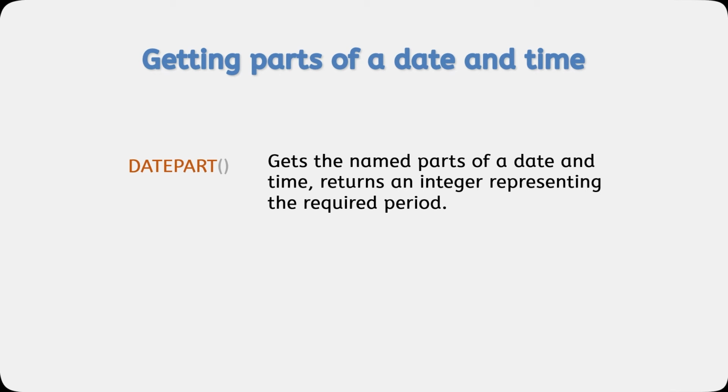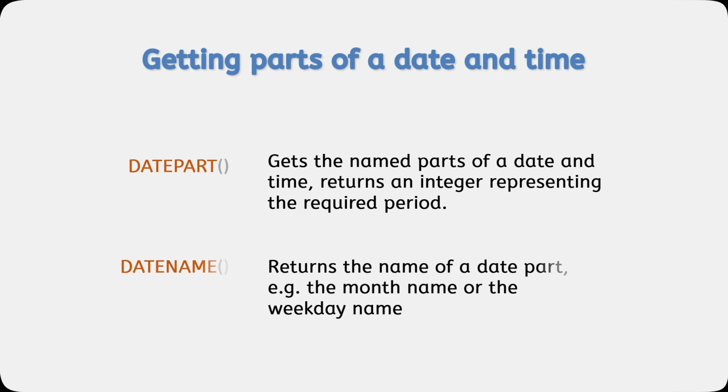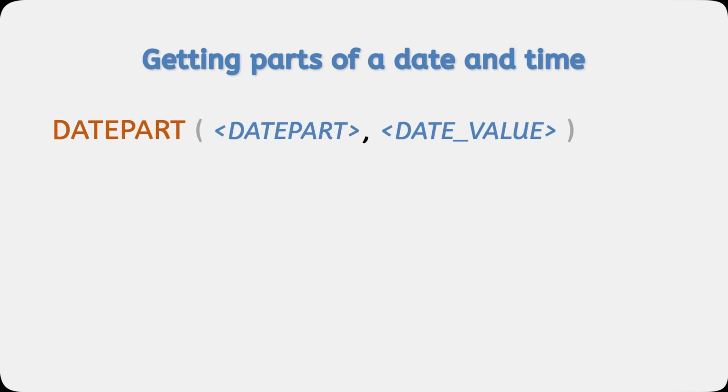It's often useful in SQL to retrieve parts of a date, such as the year or the hour. This can help with grouping into reports, for example. To do this, there are two functions: the DATEPART function used to retrieve the parts as a numeric value, and the DATENAME function used to get the name of a month or a weekday as a string value. DATEPART accepts two parameters. The first is the name of the date part you want to grab from the date. The second is the date field or variable.